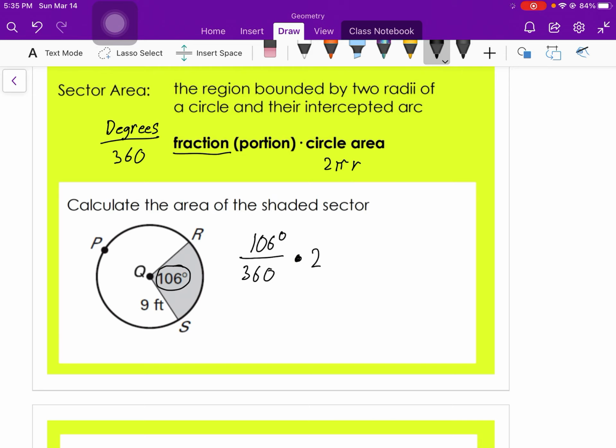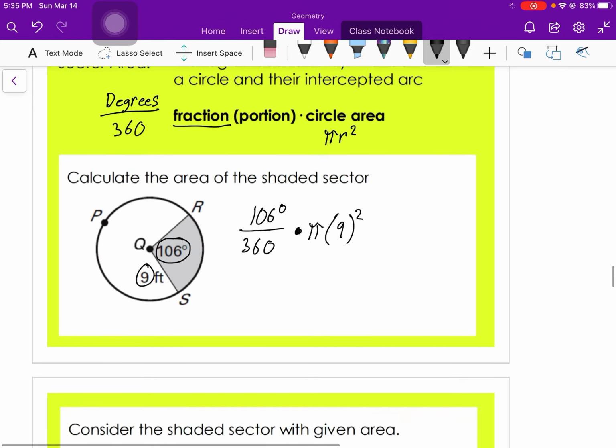So we're going to multiply that by 2 pi, and then the radius is also given for us, which is 9. Oh, I'm using the wrong formula here. Back up. Pi r squared. So pi times 9 squared.